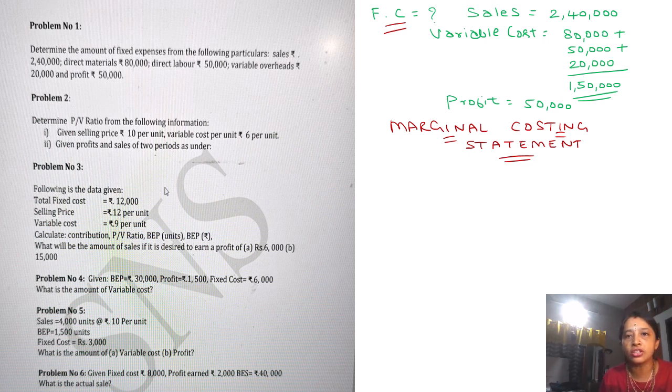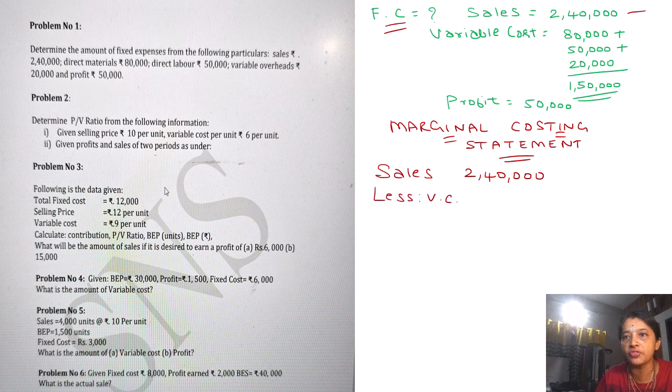So, marginal costing statement. I will not draw lines and consume the space. So let's write sales. How much is your sales given? Sales given is 2,40,000. This is the sales given in the question. Less variable cost.